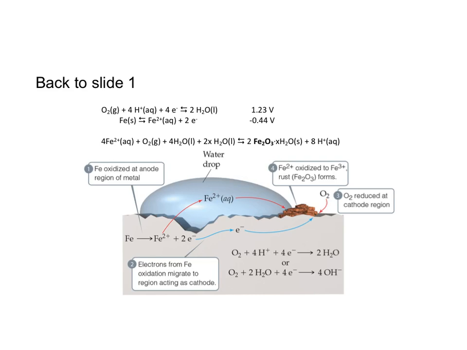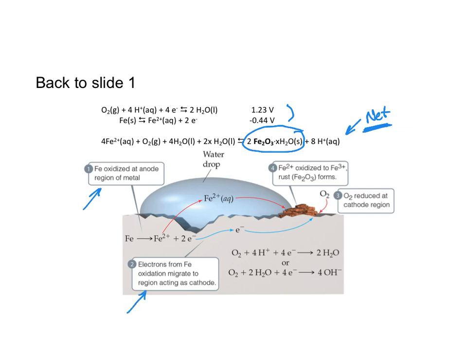Finally, to wrap this up, back to slide 1. It had 2 half-cell reactions. It had a summation reaction, which described, I'll call it the net reaction. We really can't balance it per se, but that is the reaction that forms rust. To walk you through it as we depart, iron is oxidized at the anode region of a metal.